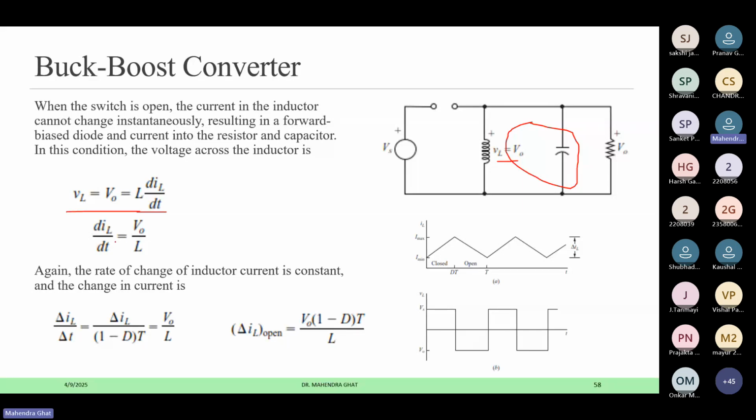So dIL by dt is equal to VO by L. Again integrating and calculating the delta IL, you will get VO into (1 minus D)T by L. The same is shown here: when the switch is closed, the current is rising, when the switch is open, it is falling, and the voltages applied across the inductor are VS and VO.